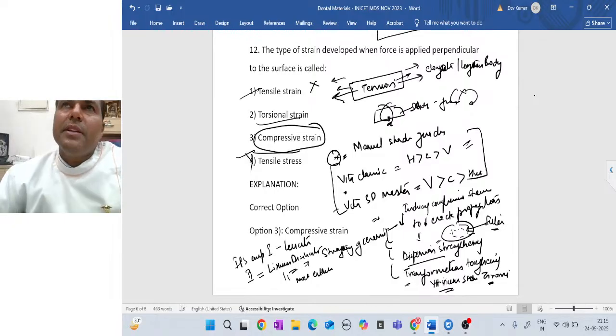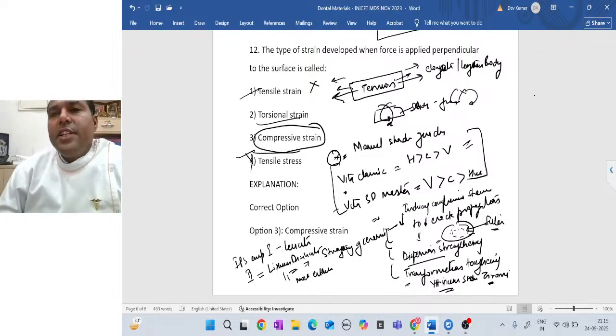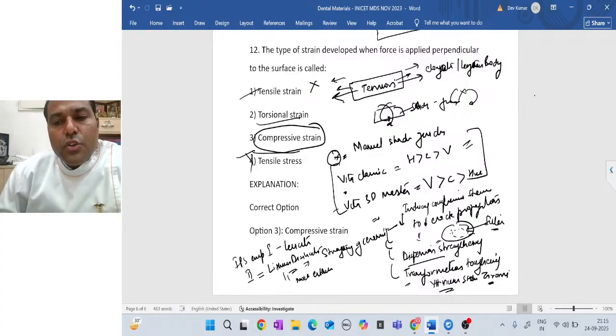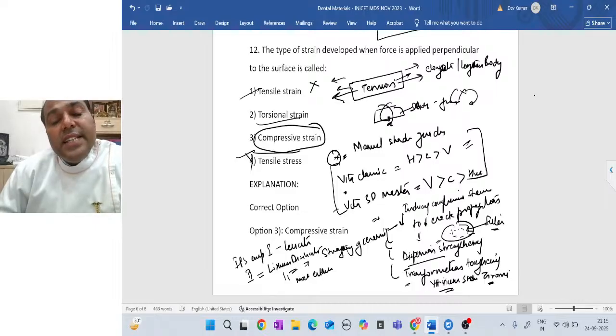One question came in previous years NEET that one of your friends needs a crown in the most anterior teeth. So for a crown in the most anterior teeth, the choice of material is lithium disilicate because it is highly aesthetic.